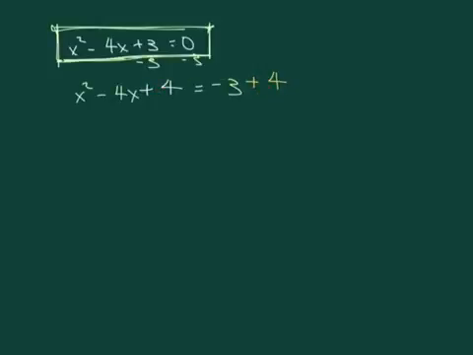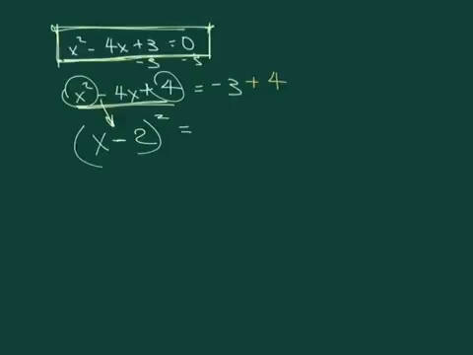Alright, let's see what we get. This is a perfect square trinomial. What is a perfect square trinomial? Square root of this, square root of this, and a minus sign here, whatever sign that is goes there, squared equals 1.